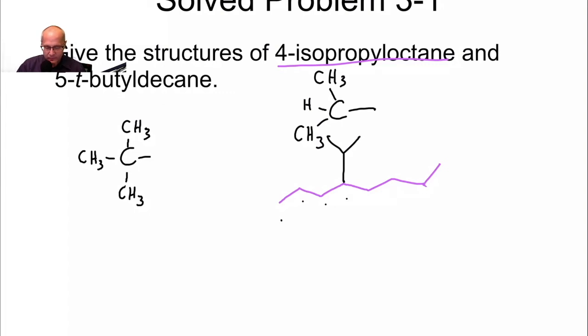There you go. And the other one, decane. There you go. And on carbon 5, 1, 2, 3, 4, 5, there is a T-butyl right there. That's how you do it.